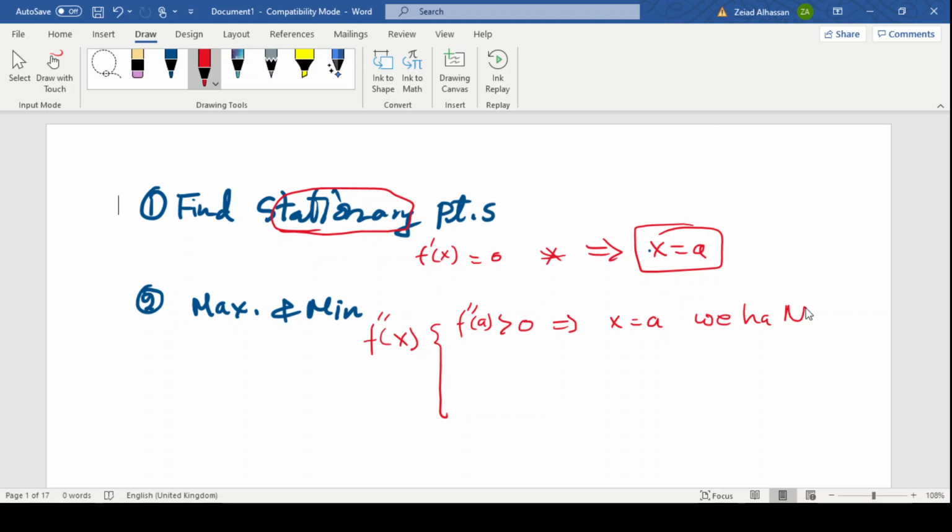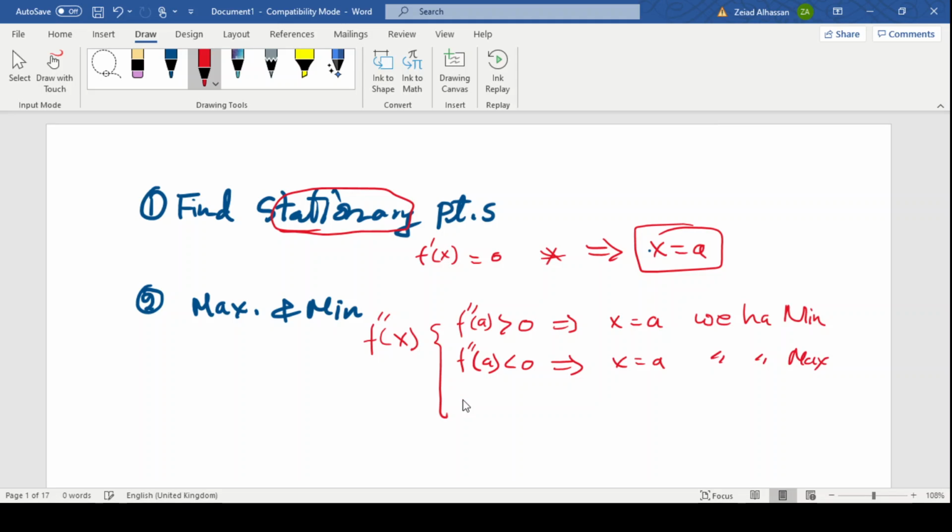When the second differentiation is less than 0, it implies that at x equals a we have a maximum.